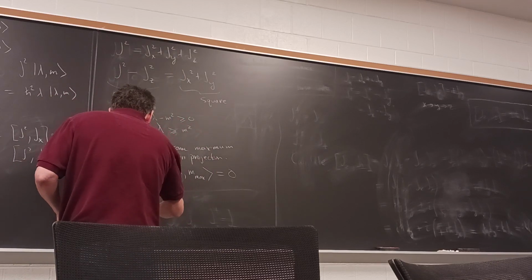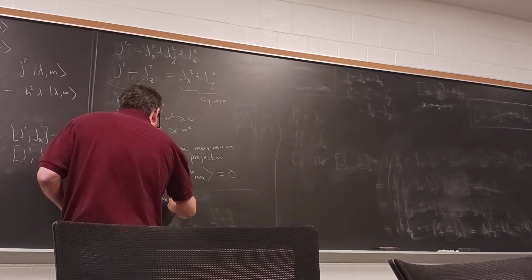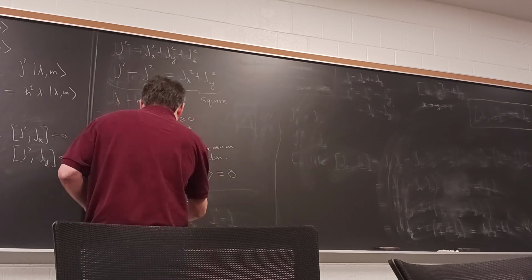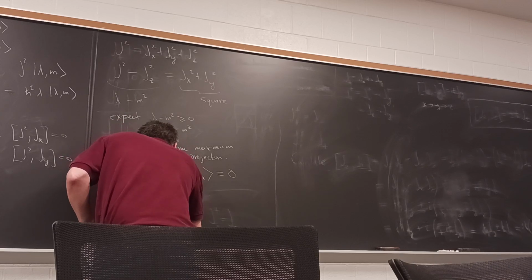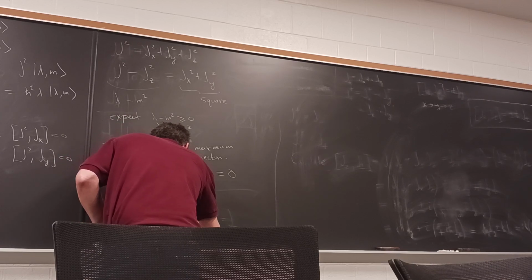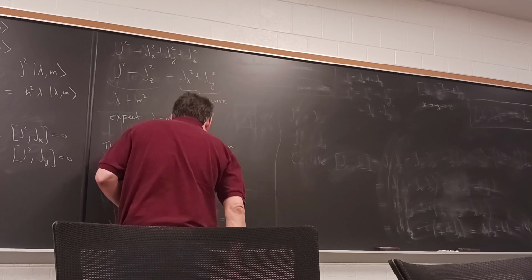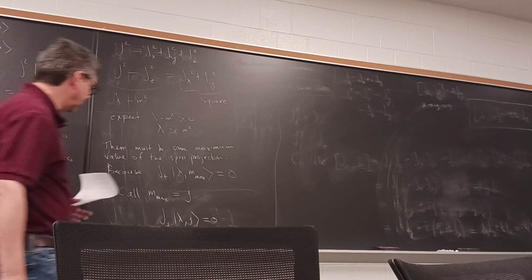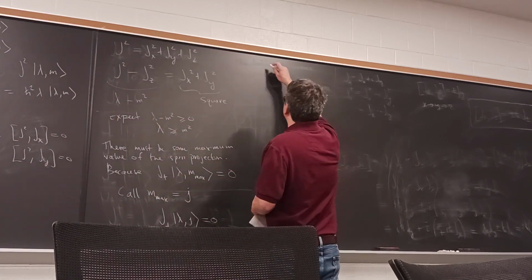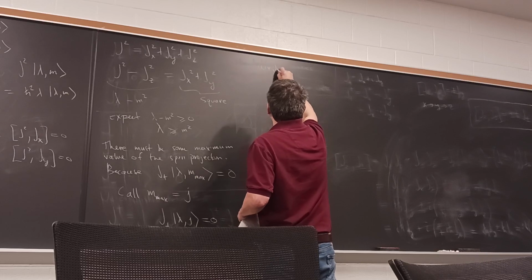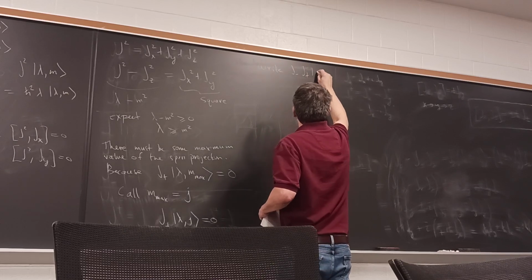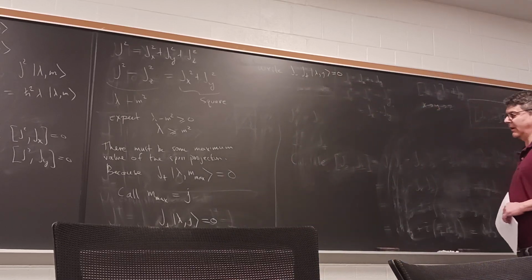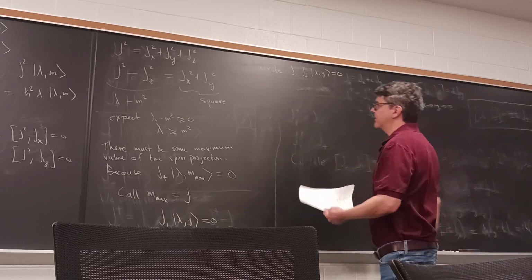So let's call m max little j, so j plus lambda j equals zero. And then just trivially, we'll write j minus j plus on lambda j is equal to zero. I'm just multiplying it on the left by j minus.